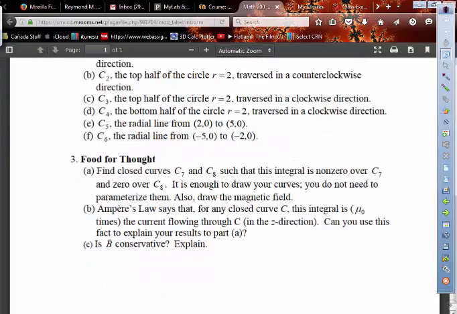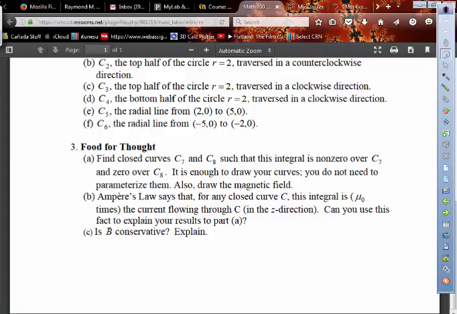After you do that, they want you to look for closed curves C7 and C8. So you're going to make up two new closed curves that, in this case, would have an integral that's non-zero over one of them, and equal to 0 over the other one.